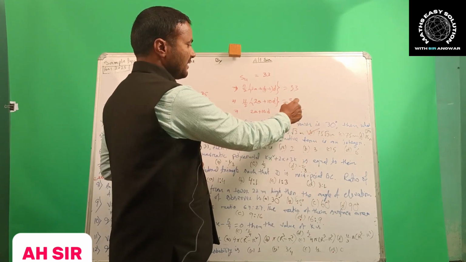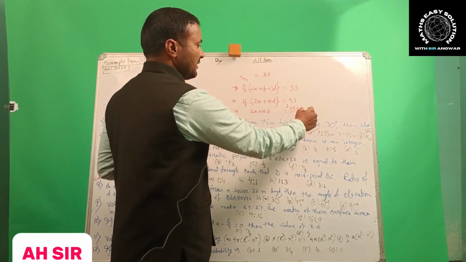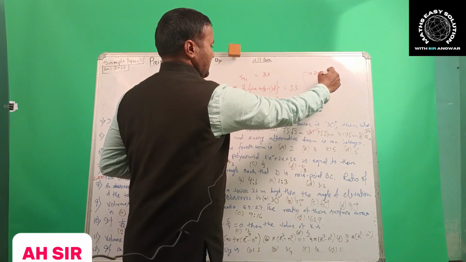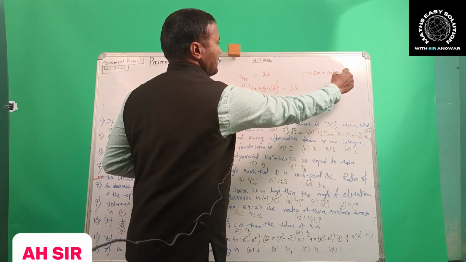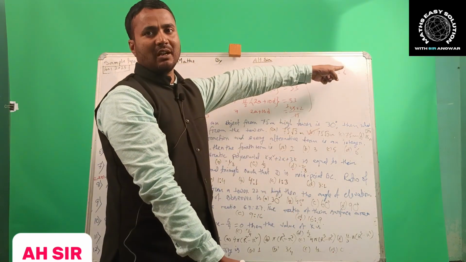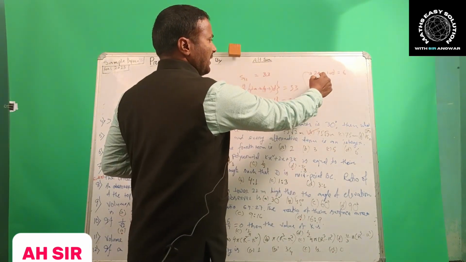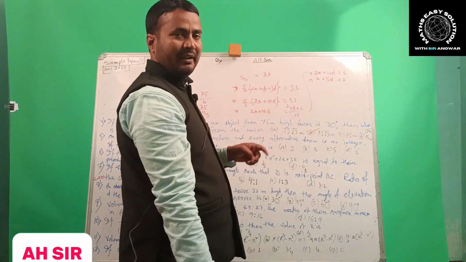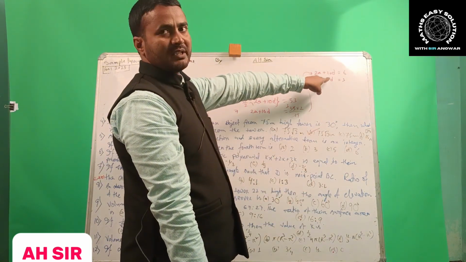Here 11 cancels, 3 into 2 is 6. So 2a plus 10d equals 6. Now if we divide all the terms by 2, we get a plus 5d equal to 3. It means a plus 5d is called the sixth term.